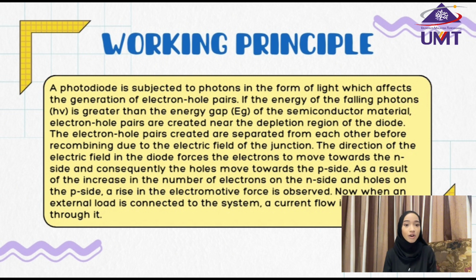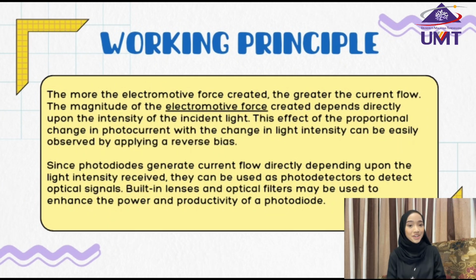As a result of the increase in the number of electrons on the N side and holes on the P side, a rise in the electromotive force is observed. Now, when an external load is connected to the system, a current flow is observed through it. The more the electromotive force created, the greater the current flow.